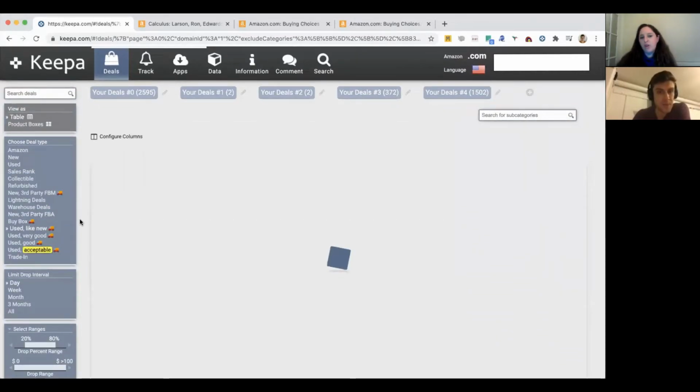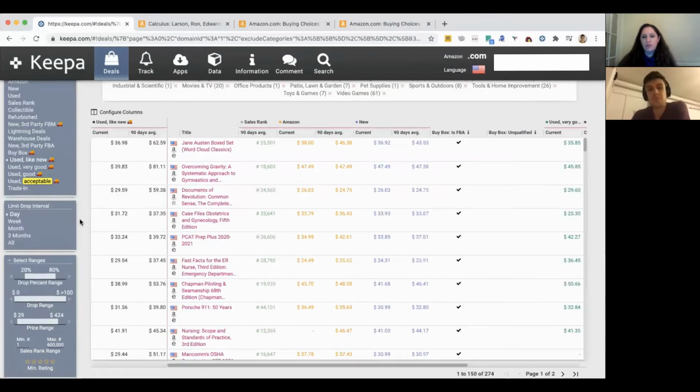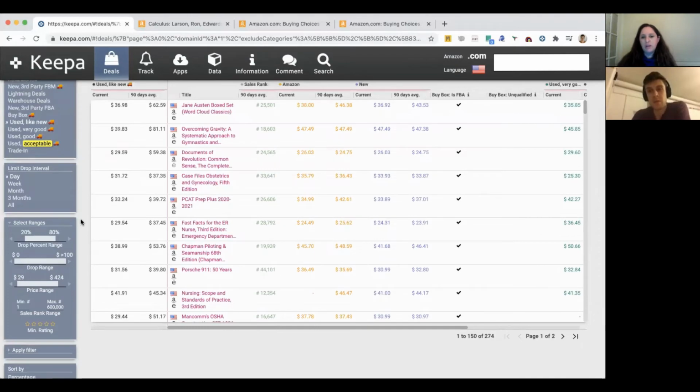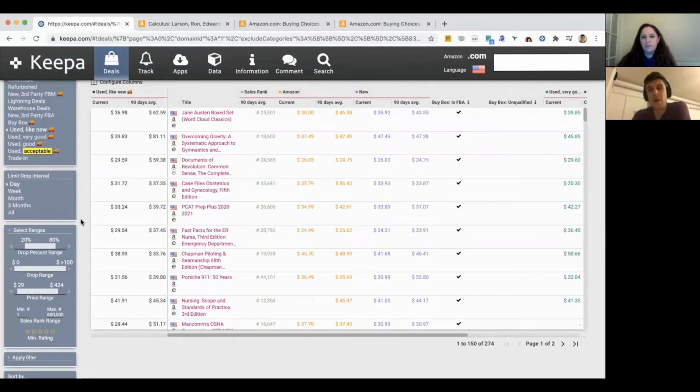Is it a slow burn? Do you need thousands and thousands of books in your inventory? And what about storage fees? I advise that you can start this business with $500, preferably $1,000.